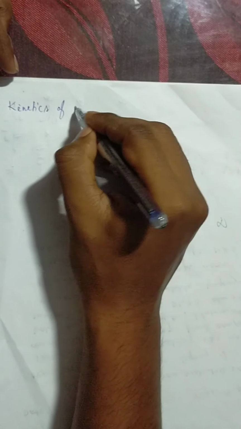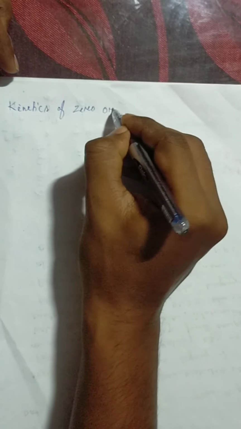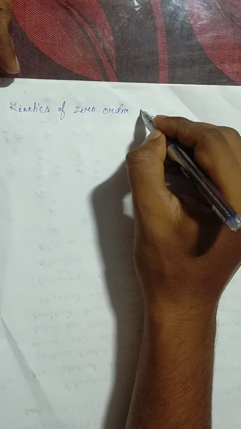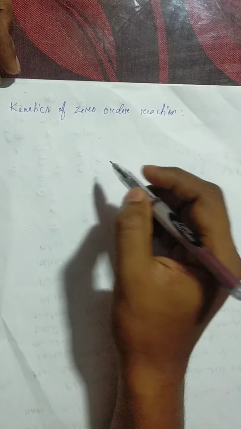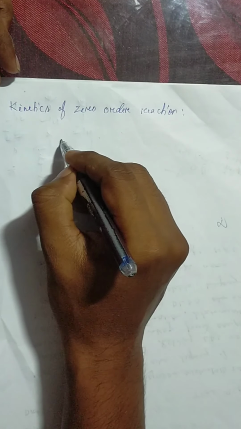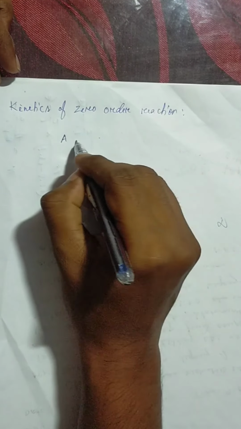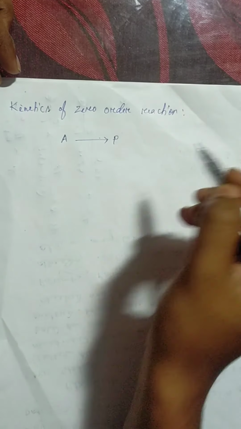Kinetics of zero order reaction. First of all we have to consider a reactant. Suppose A is the reactant and P is the product.